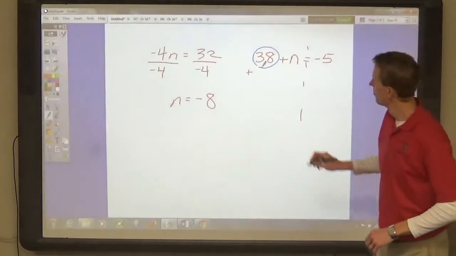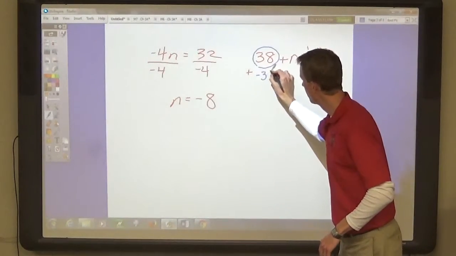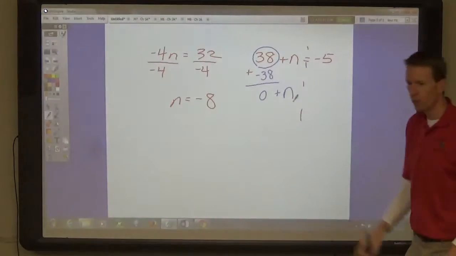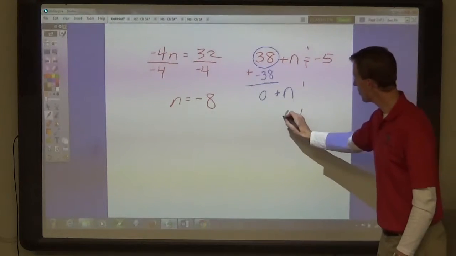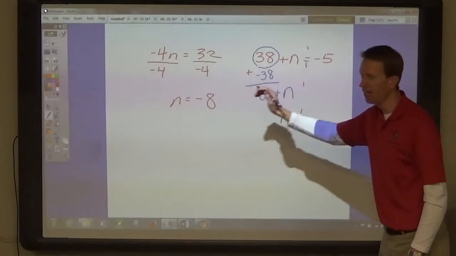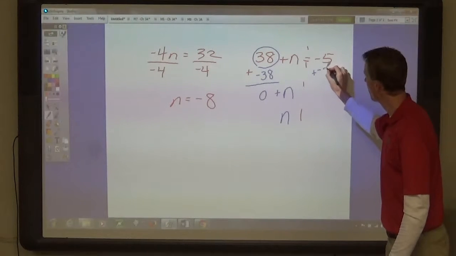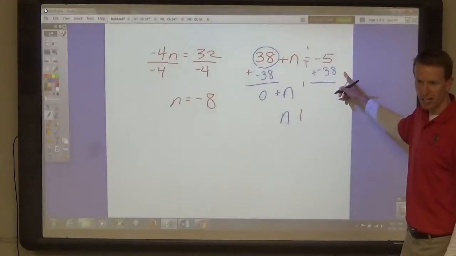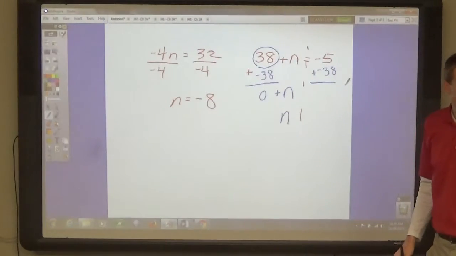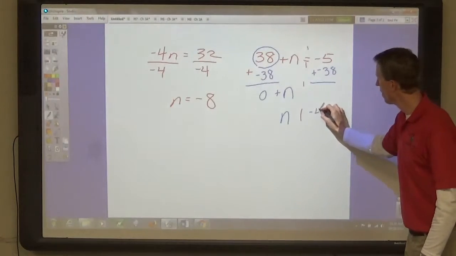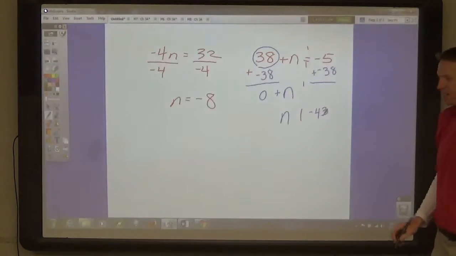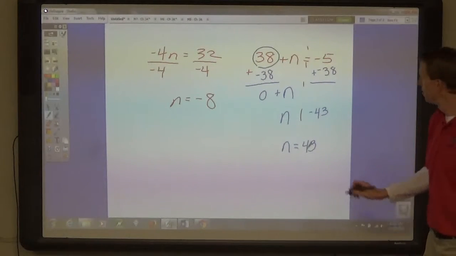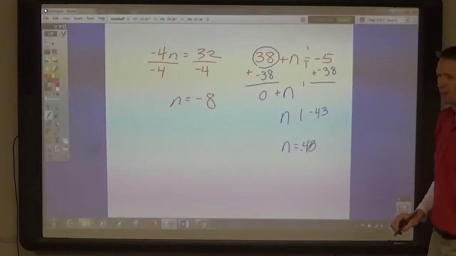You add negative 38, right, add negative 38 to positive 38. And that gives us 0 next to n, which gets the n by itself on the left side. And you have to add negative 38 to this side. Negative 5 plus negative 38 is negative 43. So n is negative 43. Whoops, negative 43. It looks like an 8 from here.